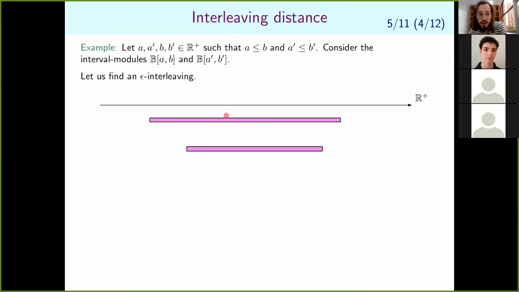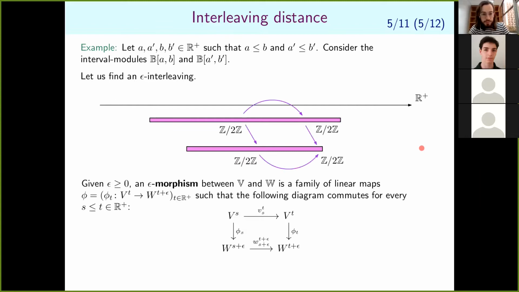I represent them like that under the real line. This is a, this is b, this is a', and this is b'. First, what is an epsilon morphism between them? An epsilon morphism is a collection of maps from V_t to W_{t+epsilon}, with a commutative diagram.